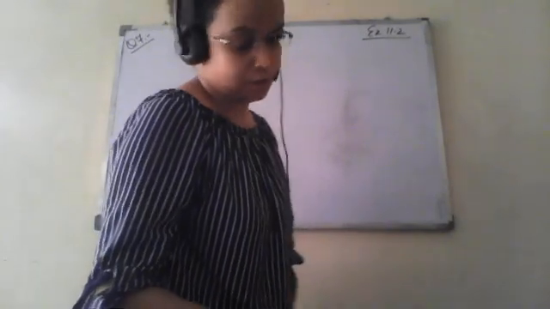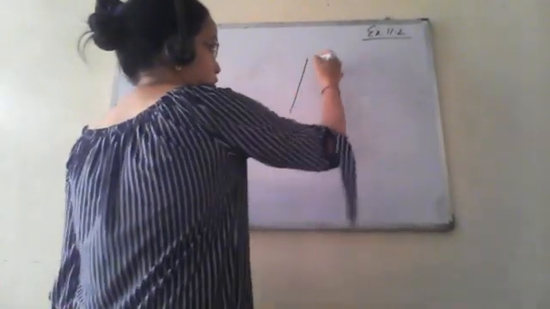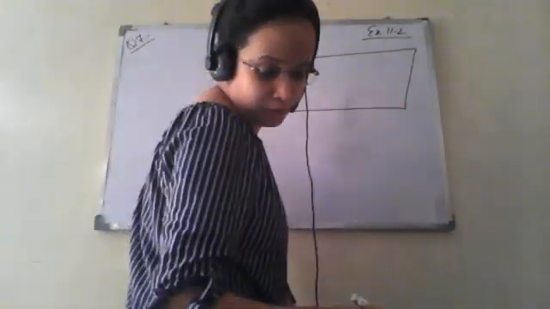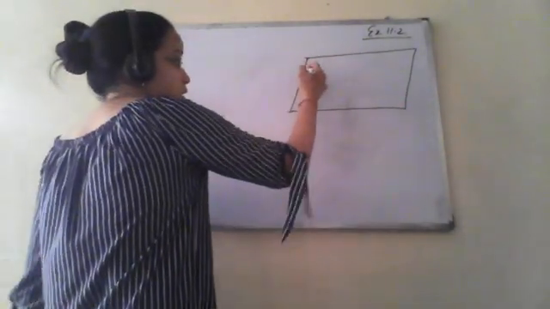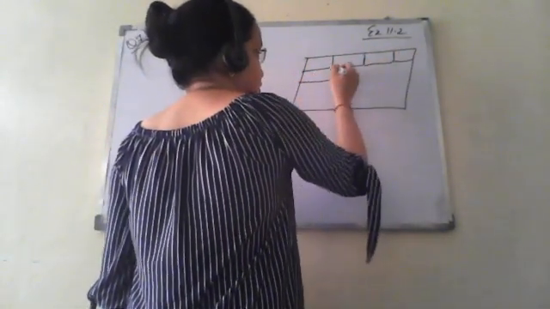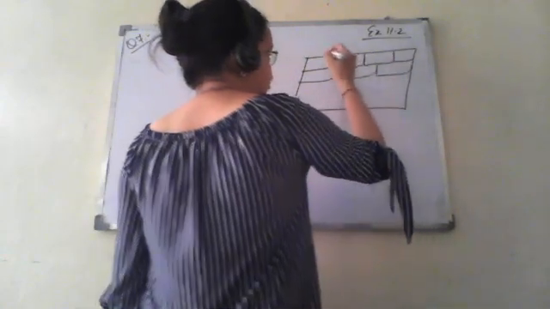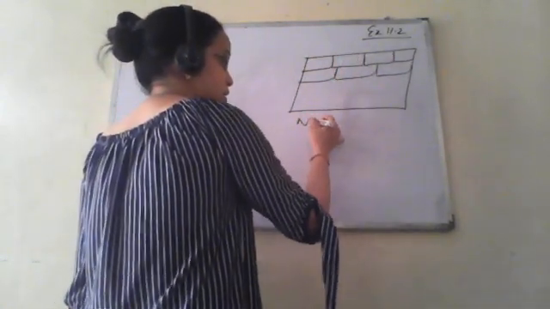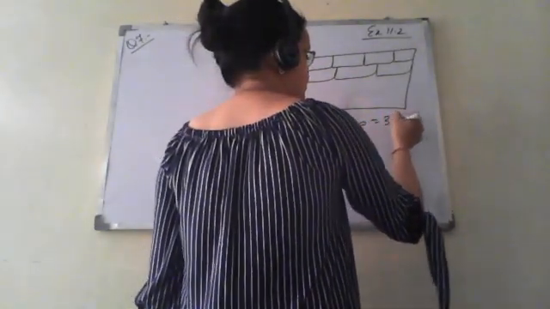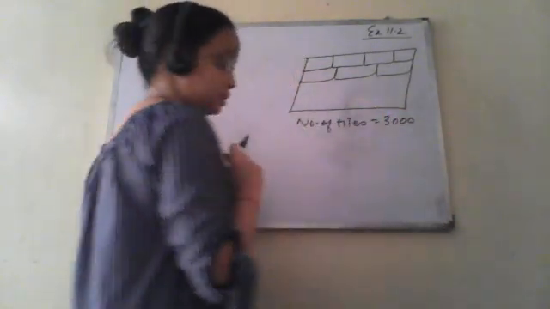So there is a floor of a building and that has been covered with 3000 tiles. Suppose this way we have covered the tiles, and the number of tiles is 3000.